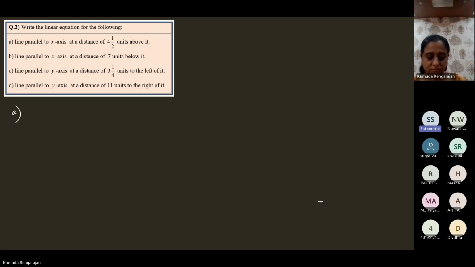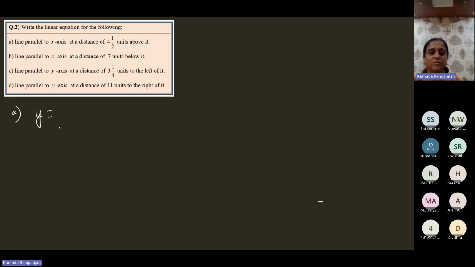Ma'am, is it y is equal to 9/2? Okay, so because it's parallel to the x-axis, that will be y is equal to, correct? And then 9/2. Is it plus 9/2 or minus 9/2? Ma'am, it is plus 9/2 because it says above the x-axis.